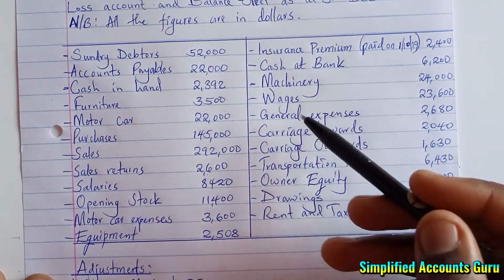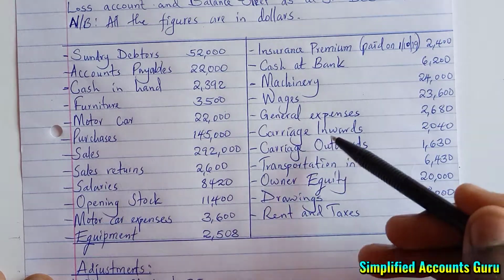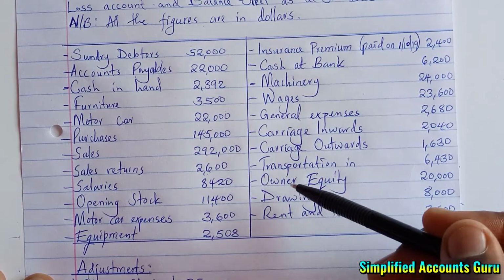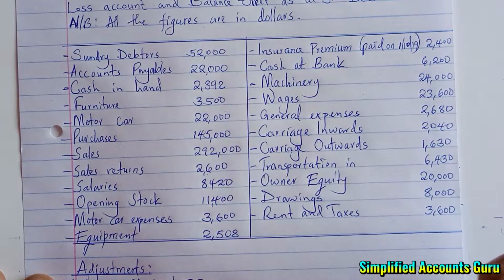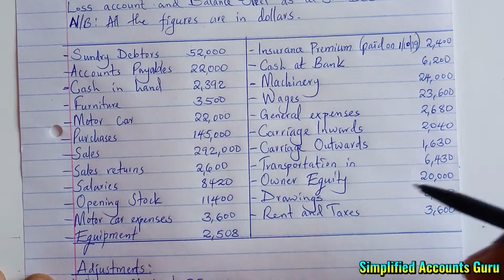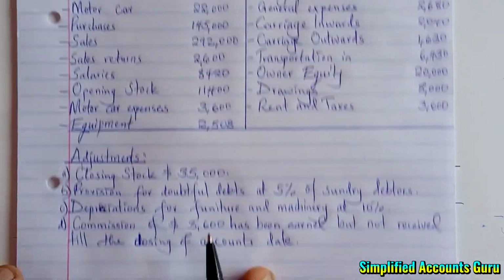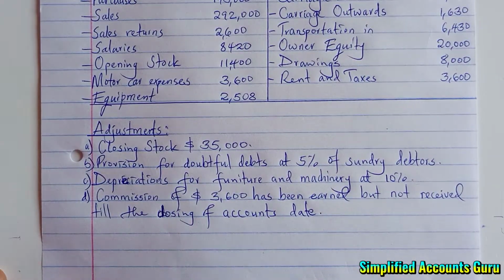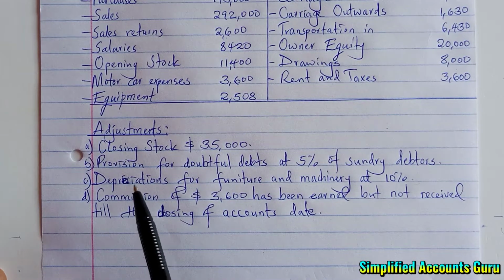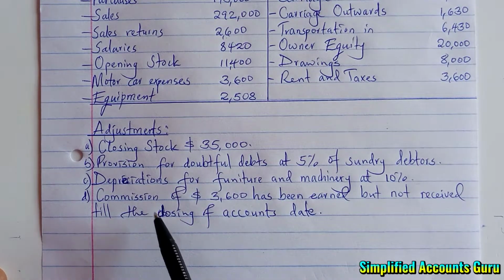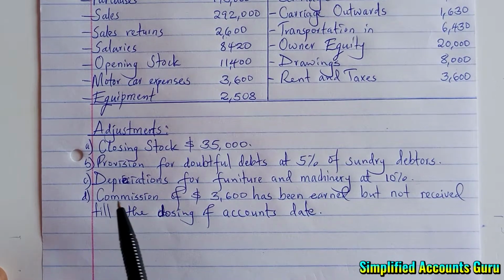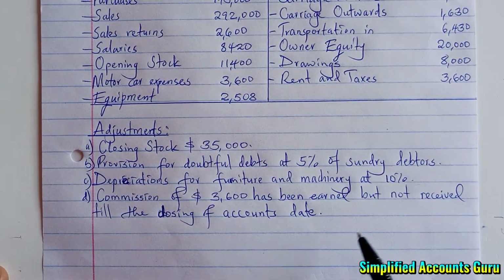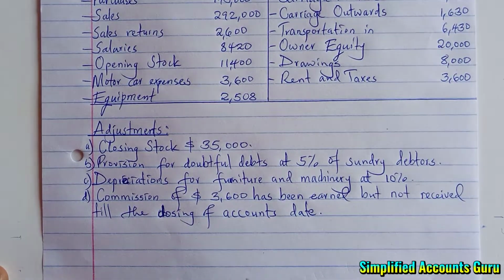We have cash at bank, machinery, wages, general expenses, carriage inwards, carriage outwards, transportation in, owner equity, drawings, rent, and taxes. Then you also have got some adjustments here. The adjustments: we have closing stock. We have provision for doubtful debts at 5% of sundry debtors. We have depreciation for furniture and machinery at 10%.